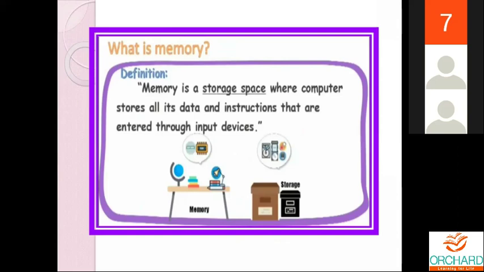Each character is represented in the storage location by a string of binary numbers, so that they are treated as units. A computer memory is a temporary storage area that can store data and instructions before processing them. This computer memory is made up of many ICs, that is integrated chips, and it is measured in bytes.